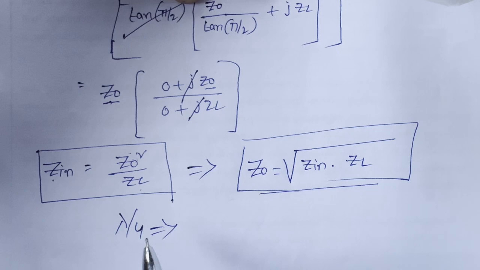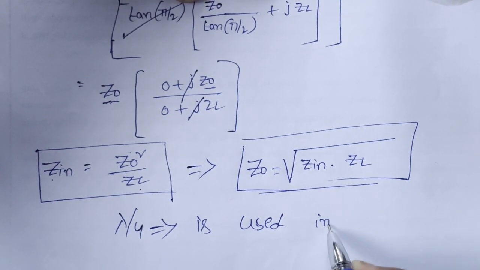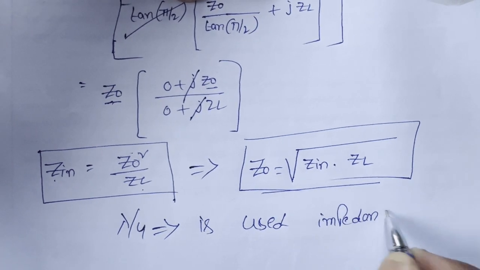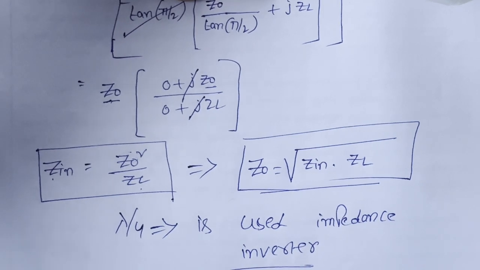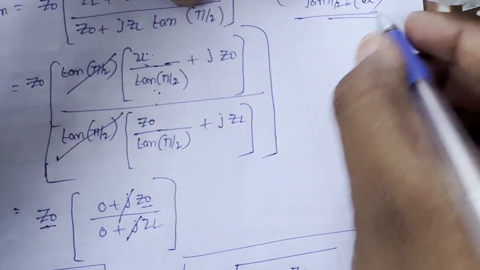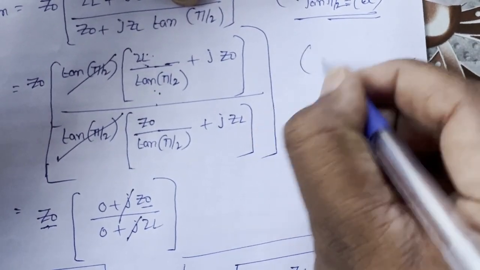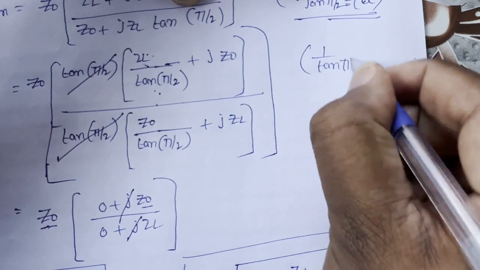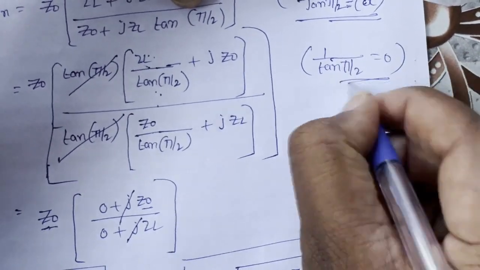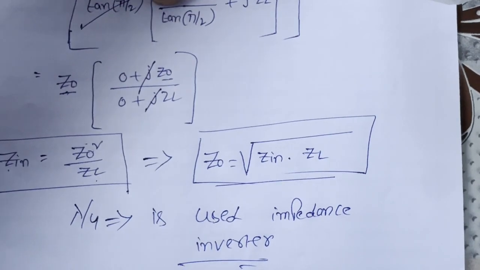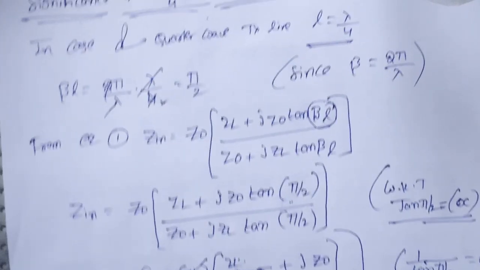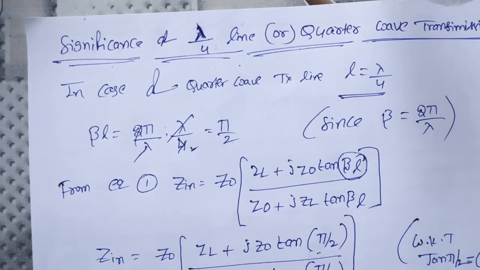Then the lambda by 4 line is used as an impedance inverter. Use it as an impedance inverter. And here it is tan pi by 2 now, 1 by tan pi by 2 equal to 0. Write this one also, then we can substitute it easily. So that is the significance of the lambda by 4 line.